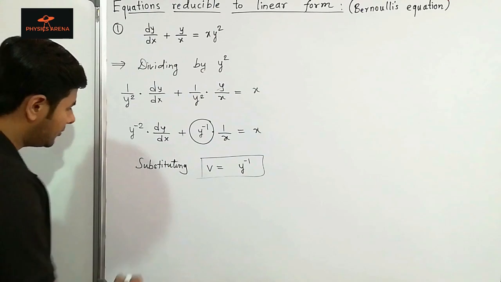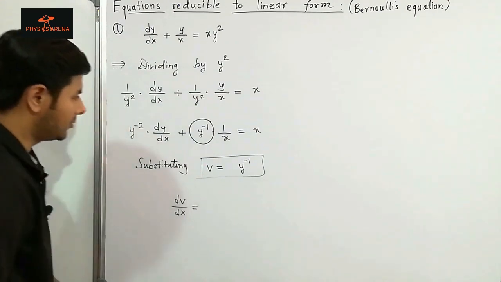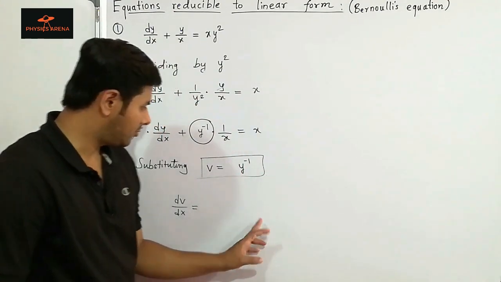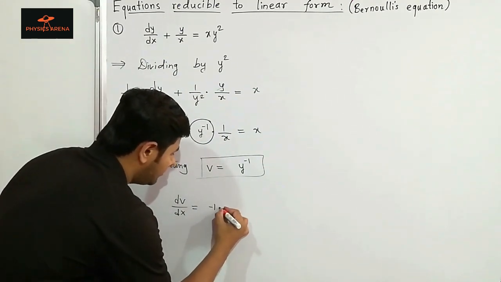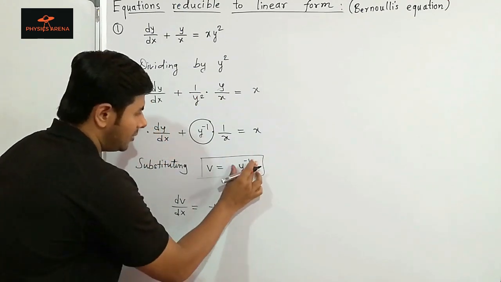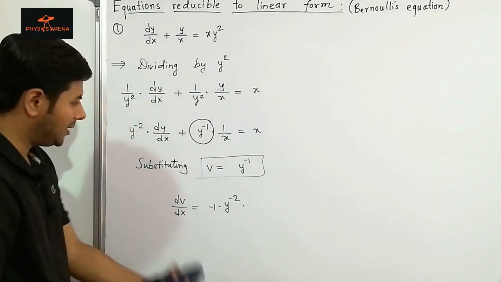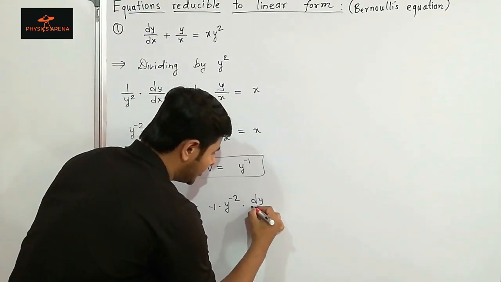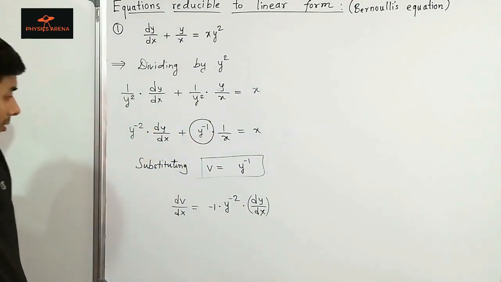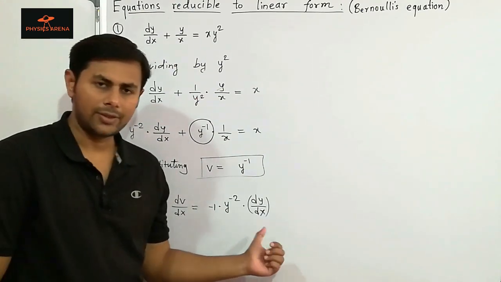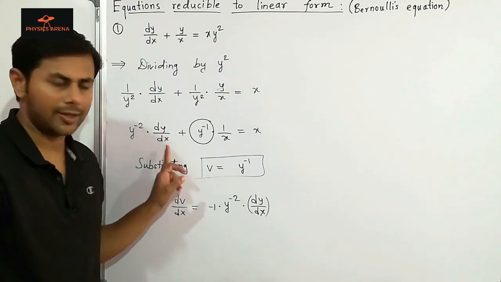in the above equation, we get dv by dx equals, now the derivative of this we'll find by using the chain rule, and it is minus 1 multiplied by y raised to minus 2. Considering y as the independent variable, and then applying the chain rule, we'll have dy over dx. Then let's take the minus sign to the other side to match this term, which is y raised to minus 2 multiplied by dy over dx.